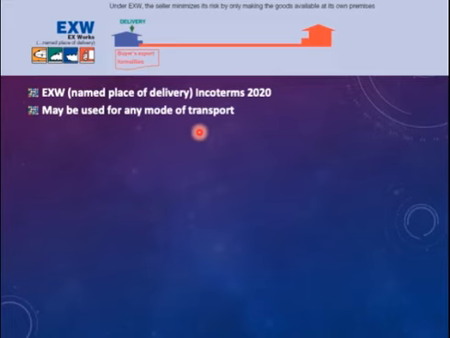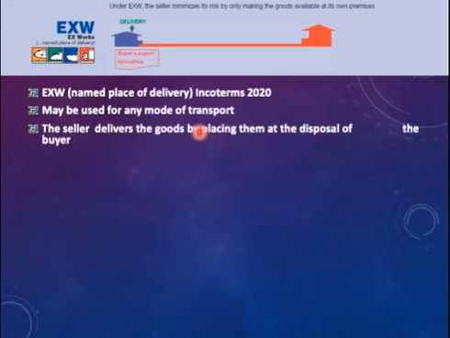This term can be used for any mode of transport. And the seller delivers the goods by placing them at the disposal of the buyer. Delivers, what is deliver here?